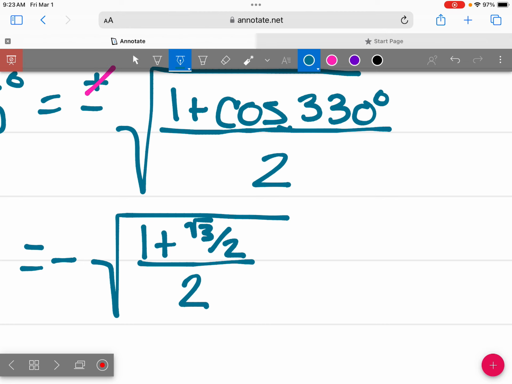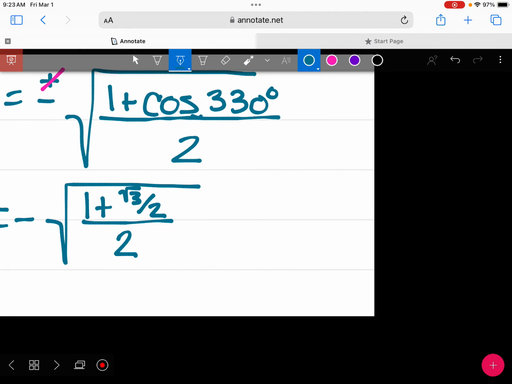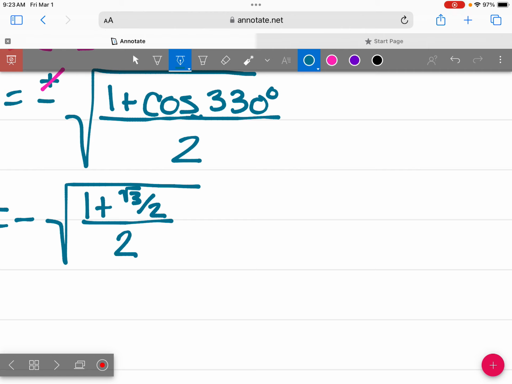And we're going to simplify this. So we're going to have 1 plus square root of 3 over 2.